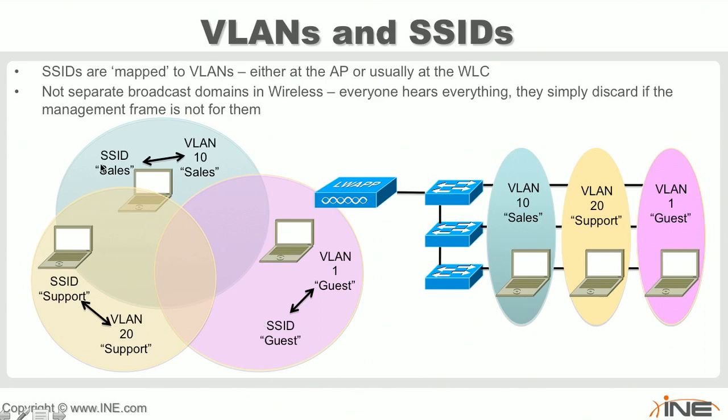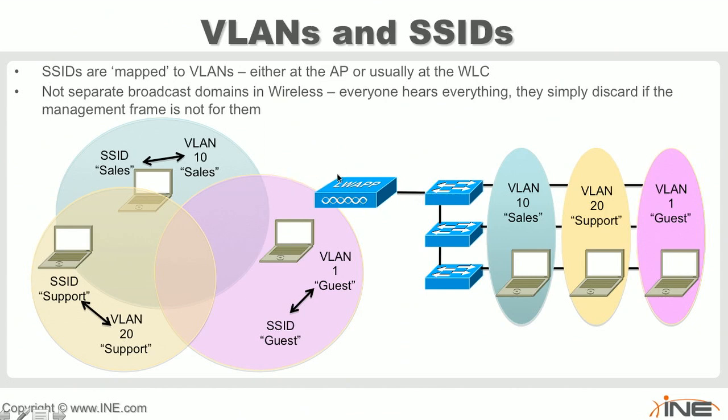So all three of these wireless LANs, sales, support, and guest, are all on the same channel being broadcast by the AP. The difference is that they have different, probably, encryption mechanisms. They certainly have different BSSID or MBSSID MAC addresses for the identification of the access point, who to send a frame to when trying to transmit to the distribution system.